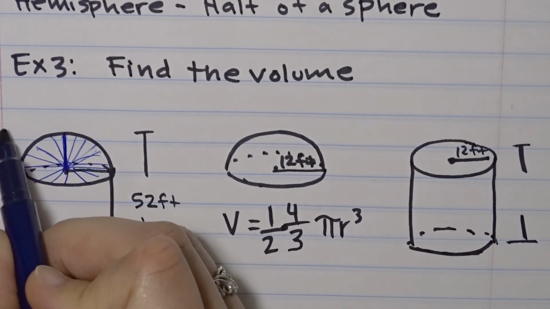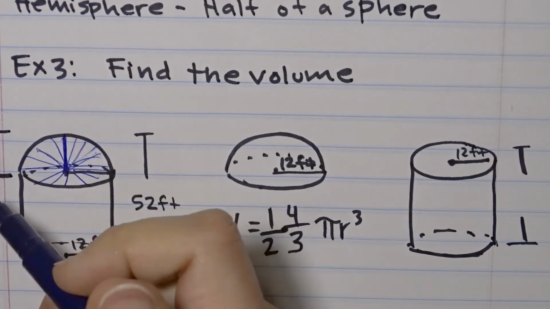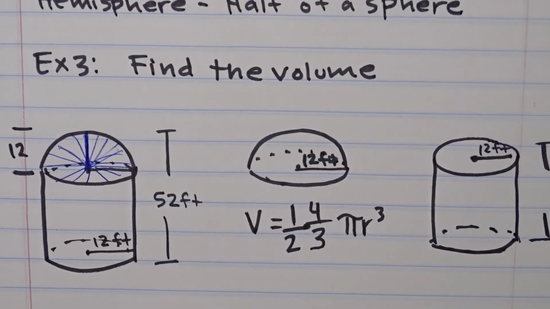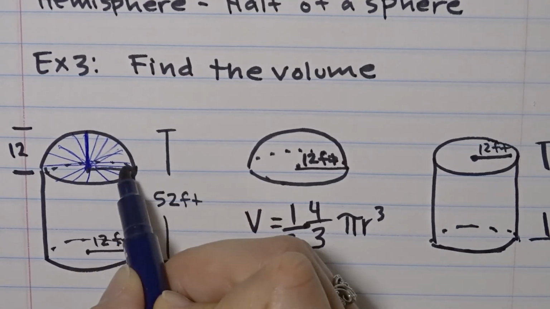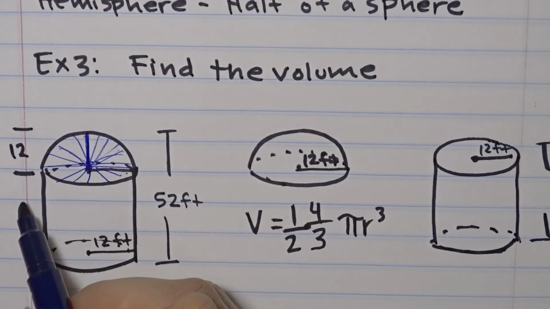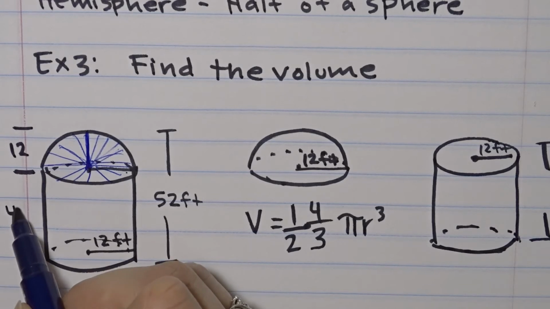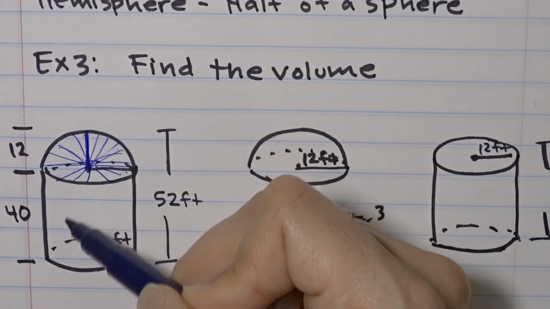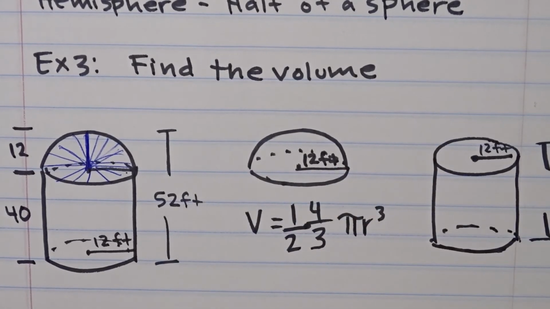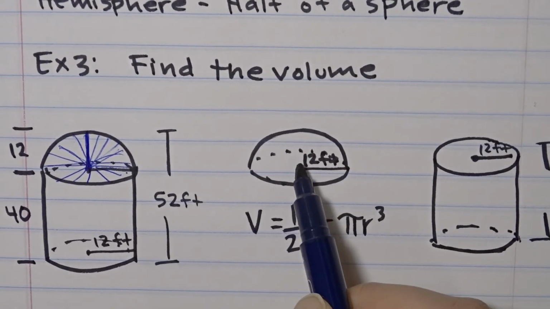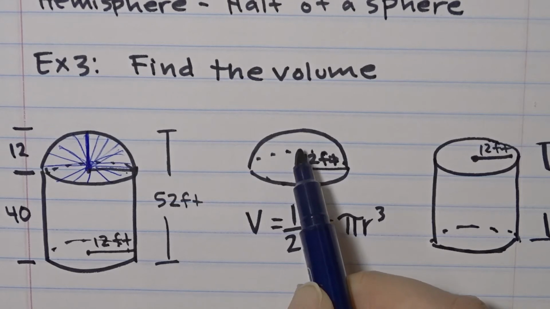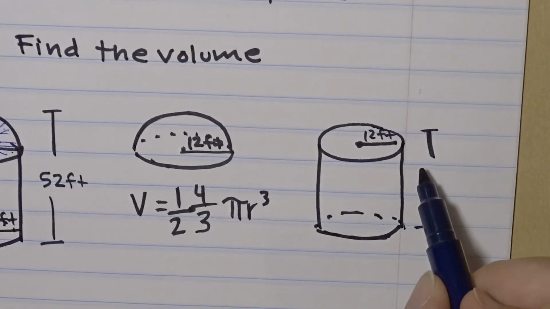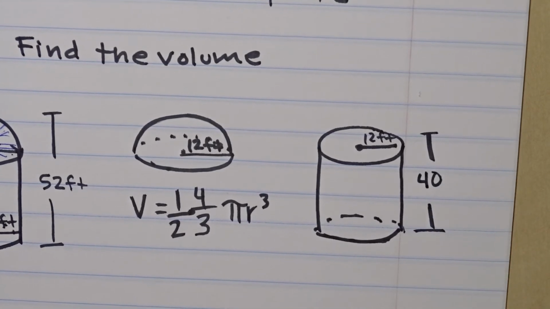So that means I have a distance of 12 from here to here, because that's still the same radius, 12. And underneath that would have had to be 40, because 12 and 40 make the entire 52. So instead of the radius going to the right, I can also make the radius go straight up and make that 12. So therefore, I'm going to conclude that the height over here is 40.